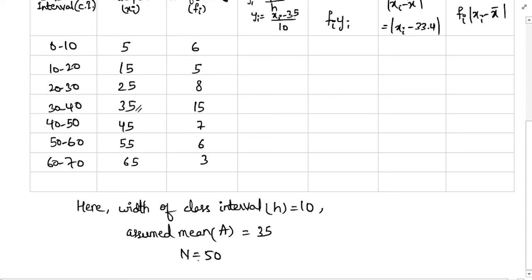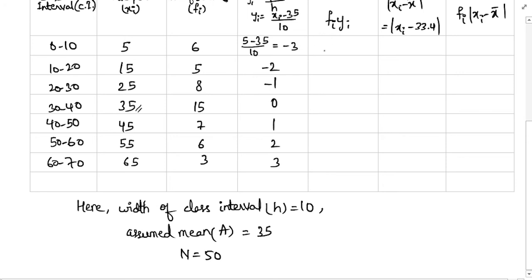So now we will find yi is equal to xi minus a by h. Okay, so now xi is equal to 5 here, 5 minus 35 by 10. Okay, that is equal to minus 3. Okay, so similarly for that it is minus 2, this is minus 1, 0, 1, 2, 3.